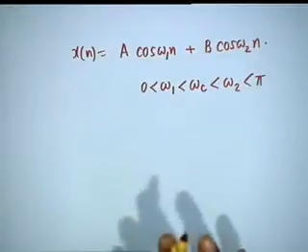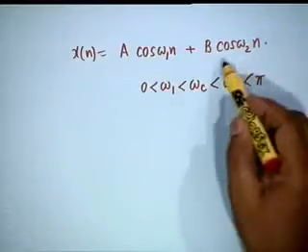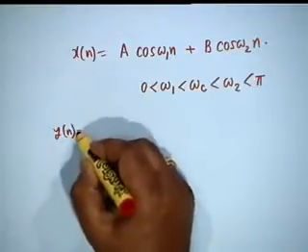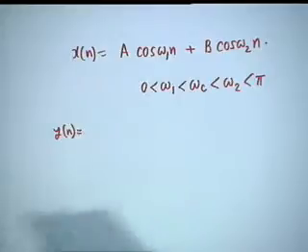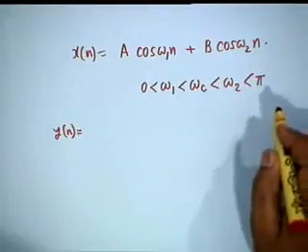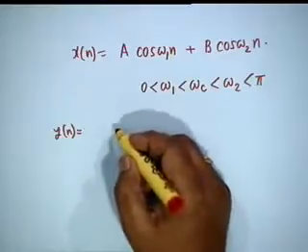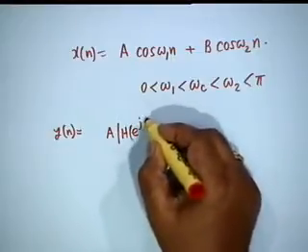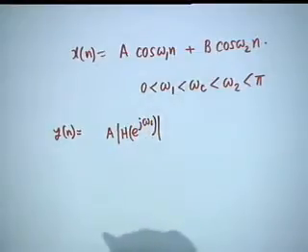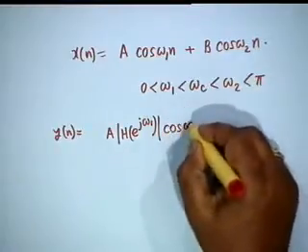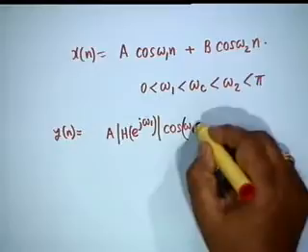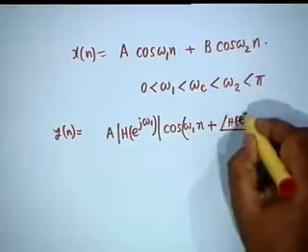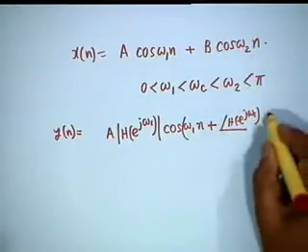Now, we can design filters such that the transmission at omega 2 is suppressed. What would be y of n if I feed this signal to a linear time invariant system? The magnitude would be modified by the magnitude of H of e to the power j omega 1, and the phase would be modified, giving cosine omega 1 n plus some angle, the angle of H of e to the j omega 1. Is this clear?